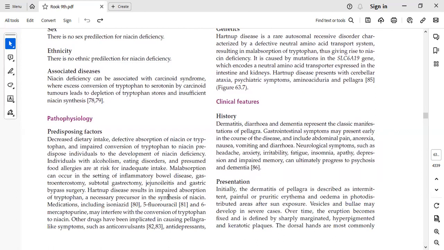Besides this, there are some drugs which interfere with the absorption of niacin, among which more notable are isoniazid, 5-fluorouracil, 6-mercaptopurine, the anticonvulsant drugs and the antidepressants. How do anticonvulsants interfere with the absorption of the niacin? Because they induce the hepatic enzymes, and due to which the absorption of the niacin is affected.